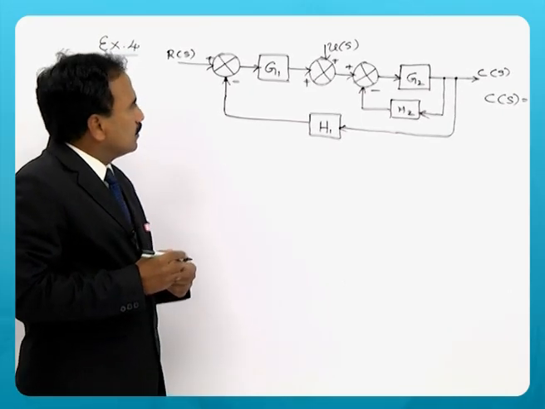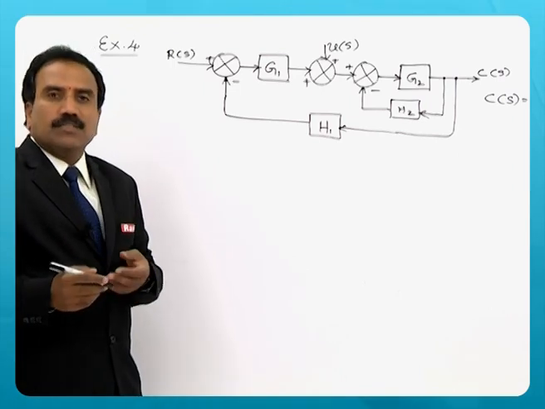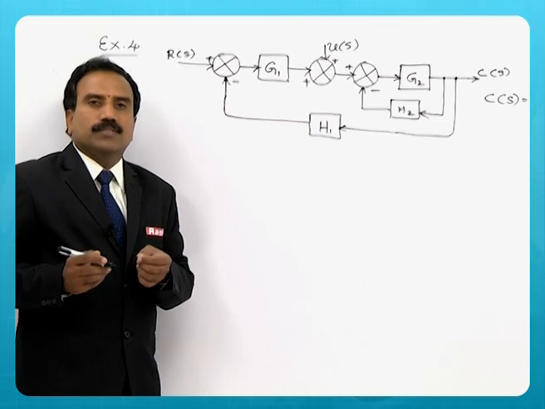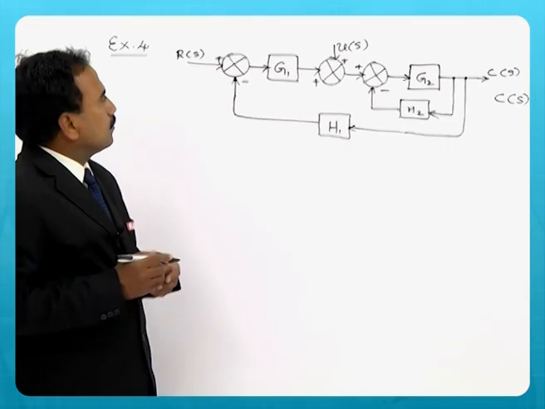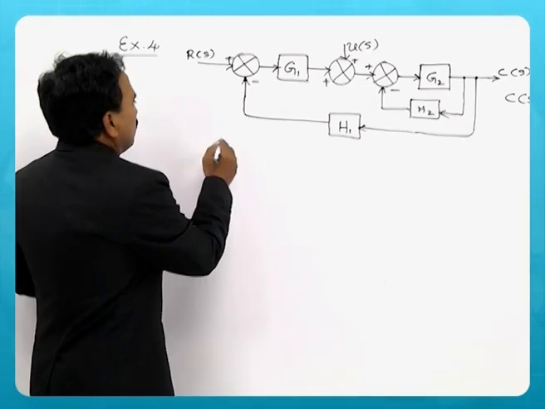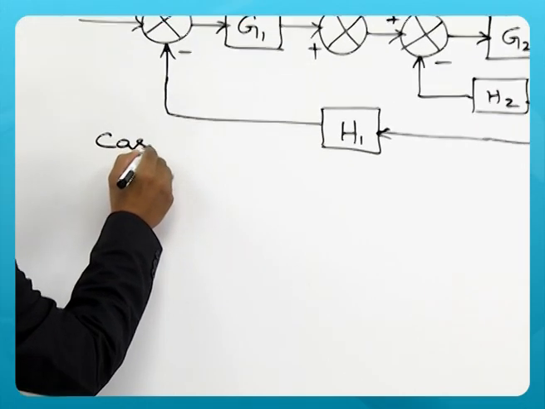In this case, we need to determine the transfer function first for each input, then we will combine the responses due to their respective inputs. That is, we need to consider two cases.